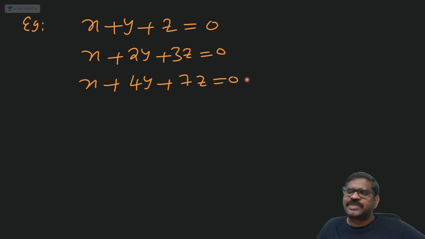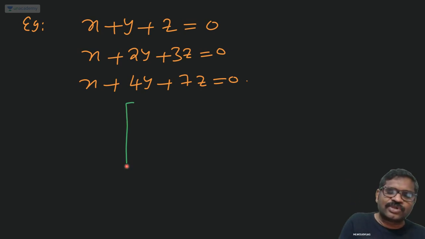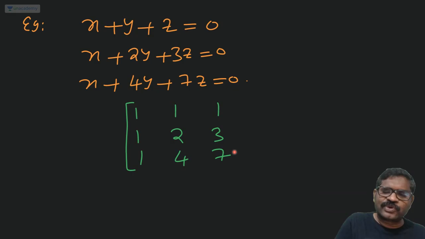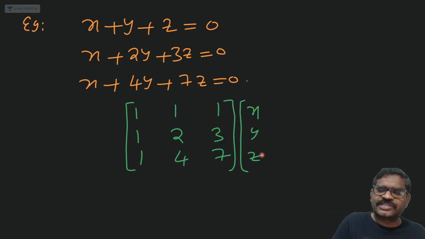Here the system is homogeneous. Whenever the system is homogeneous, first you have to write it in matrix form, Ax equal to 0 form. 1 1 1, 1 2 3, 1 4 7, times x y z equal to 0 0 0.